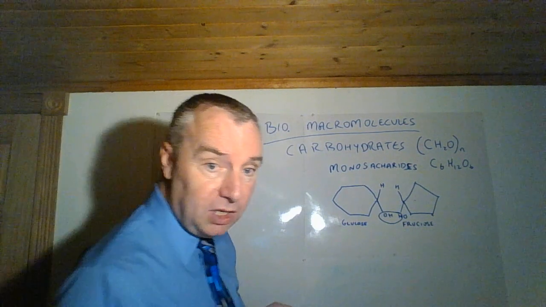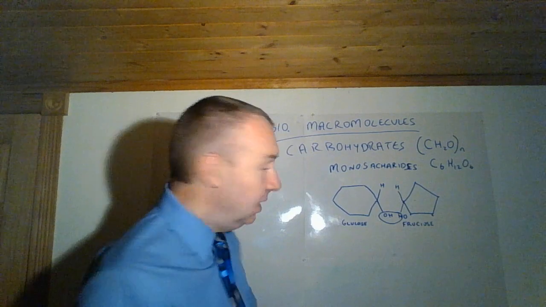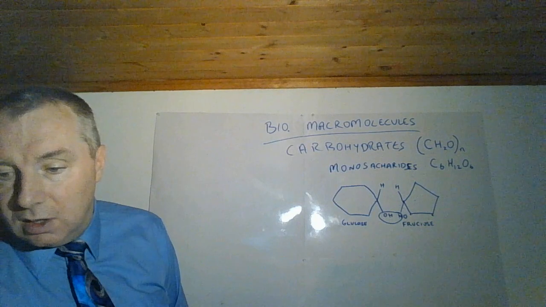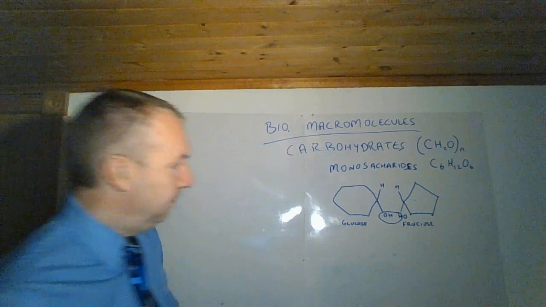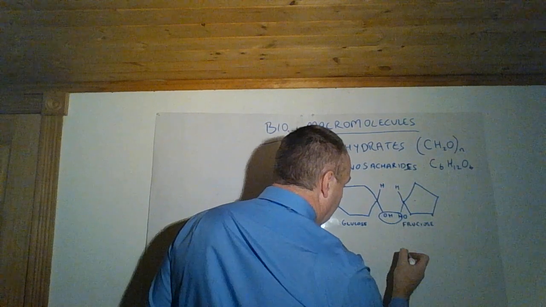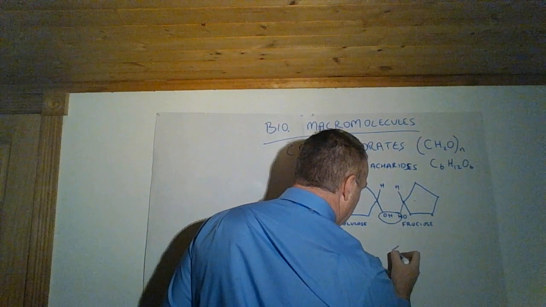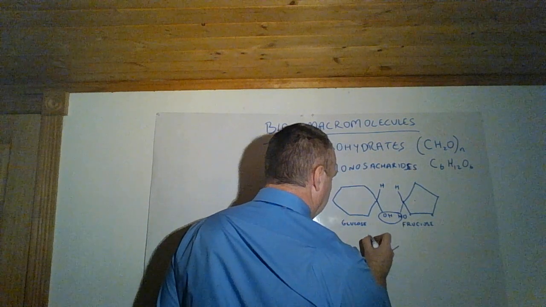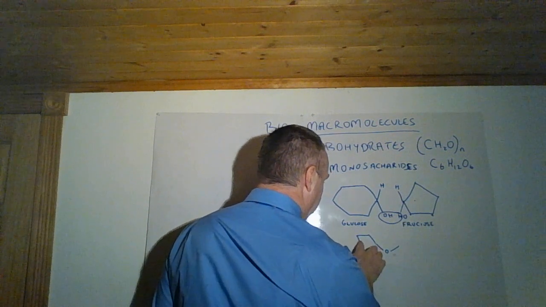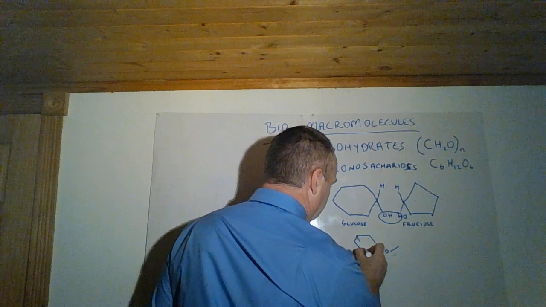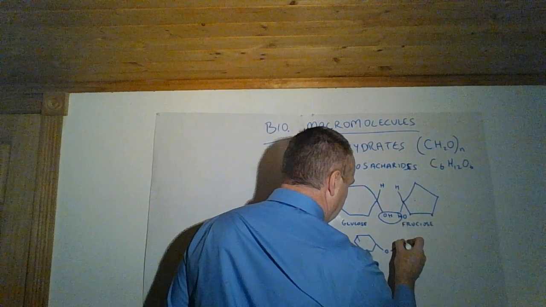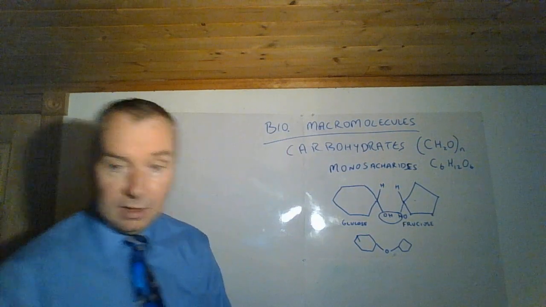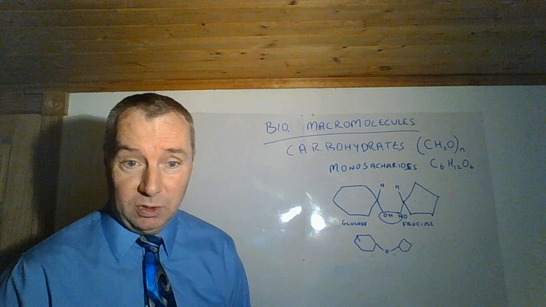So one water molecule leaves, and when it leaves, you're left with oxygen by itself on the bottom. This one here, and that will become the bond that joins these two. And now you have simple table sugar, sucrose.